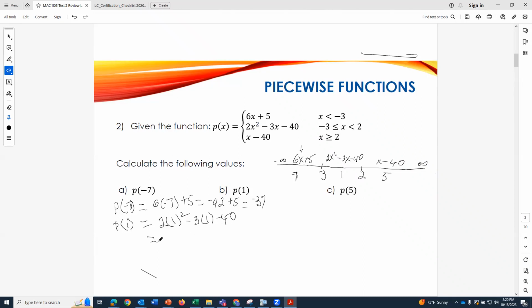And that will be 2 times 1 is 2, minus 3, minus 40. 2 minus 3 is -1. That would add up to -41. And finally, p of 5 will be using the third function, which is x minus 40. That will be 5 minus 40. This is -35.